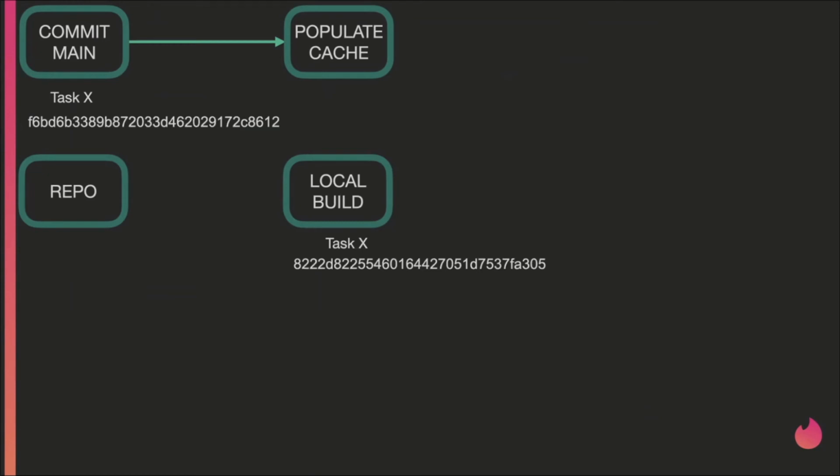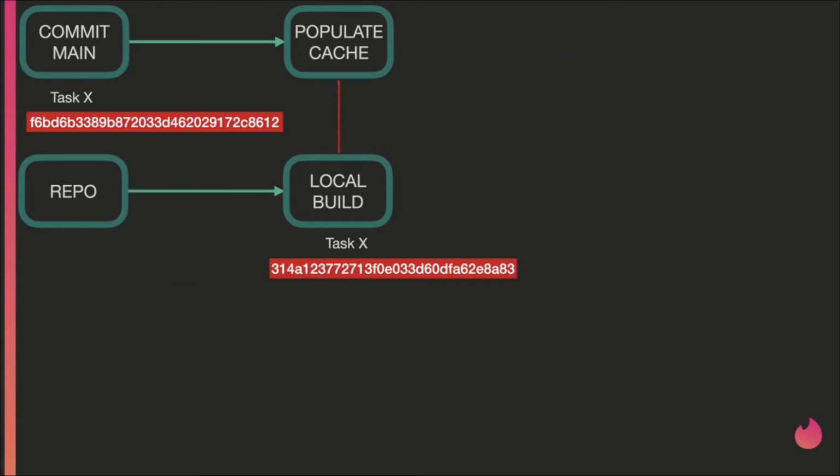And this different output is translated to a different cache key. So once the developer pulls the change from the repository, we are not going to enjoy the remote cache. And the combination of the delta of both tasks is going to generate a new one. And how can we try to improve this?